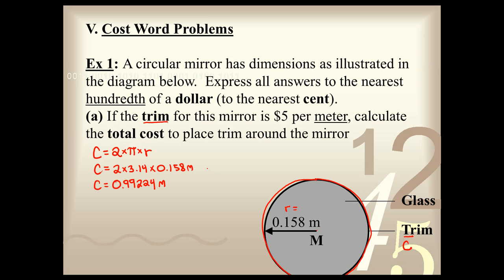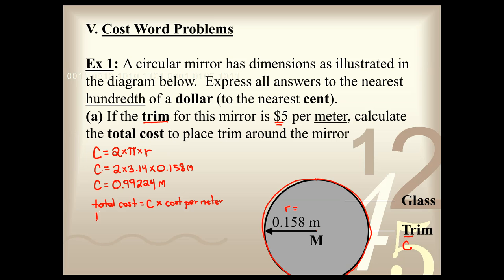Now that's just the circumference. That doesn't tell me how much the cost of the trim is. So what I want to do is calculate the total cost. My total cost would be equal to the circumference multiplied by the cost per meter of the trim. And it tells me the cost per meter of the trim is $5.